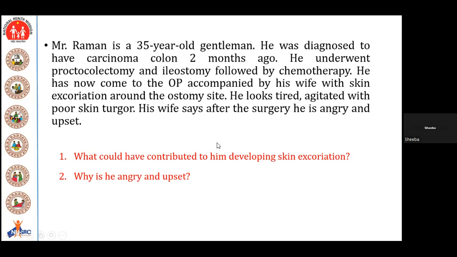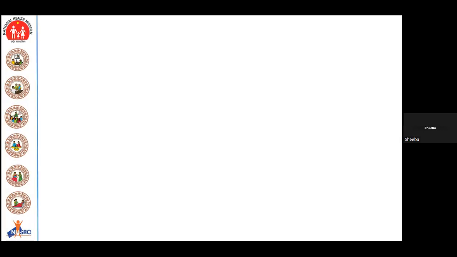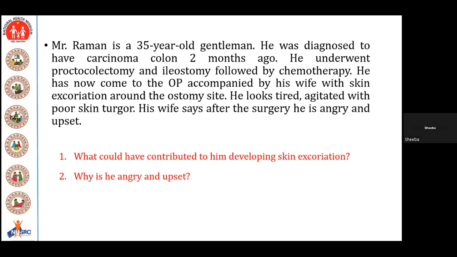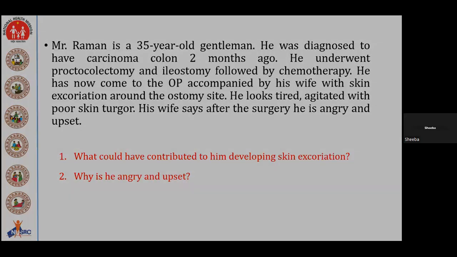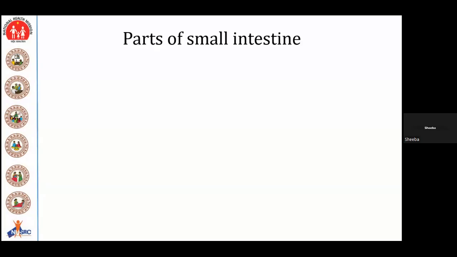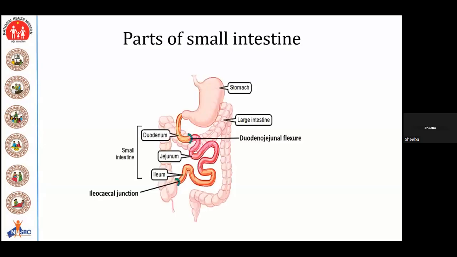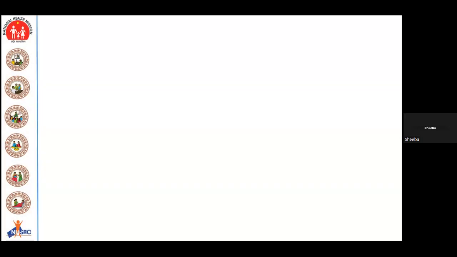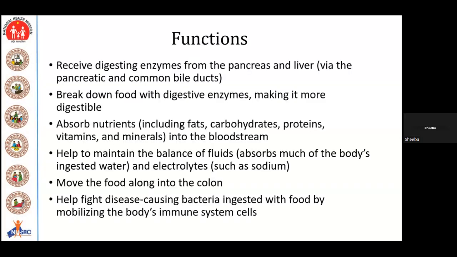Okay, very good. Here you have to understand that this patient has an ileostomy. This is a part of the small intestine, and we know the major functions of the small intestine.